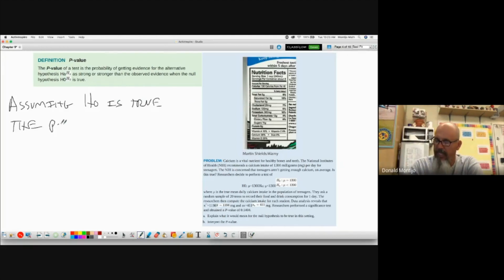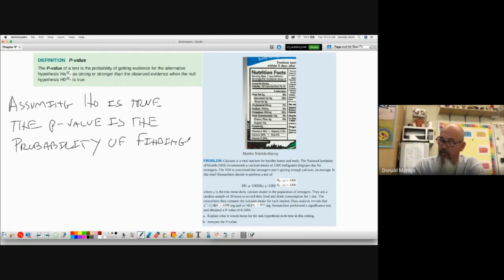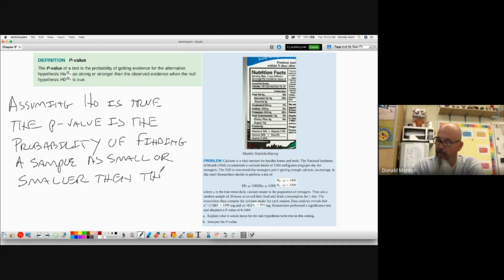The p-value is the probability of finding a sample as small or smaller than the sample we found.